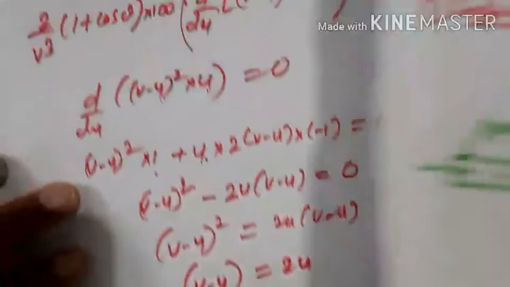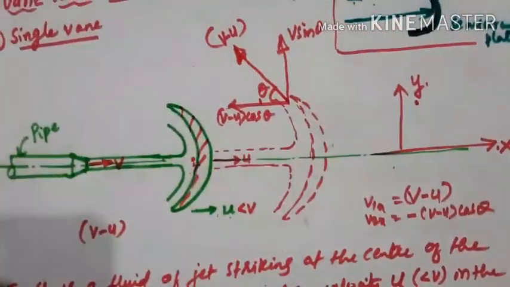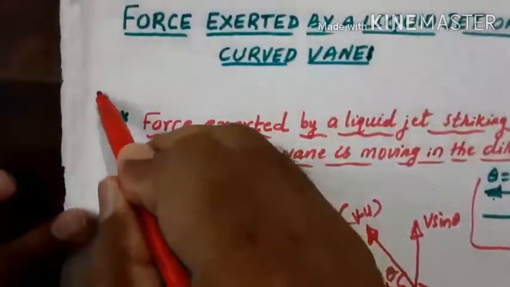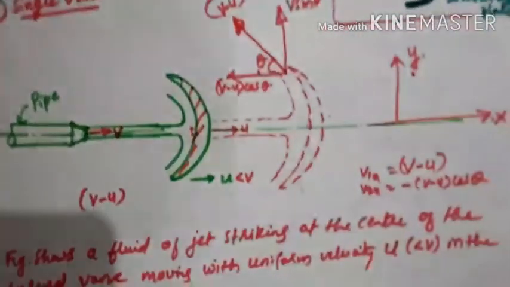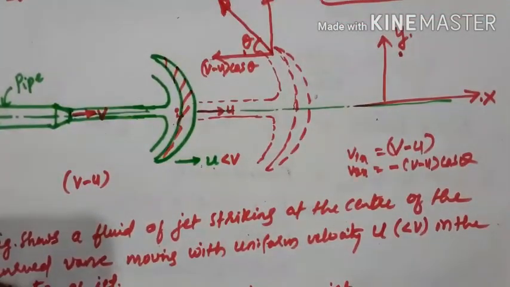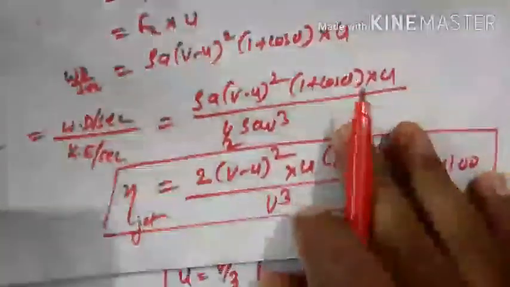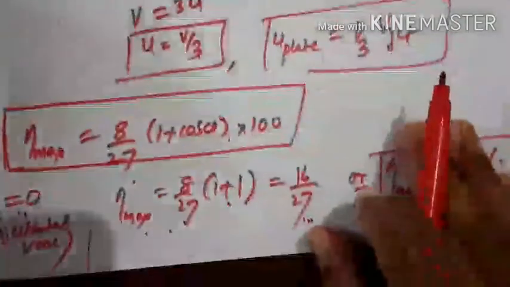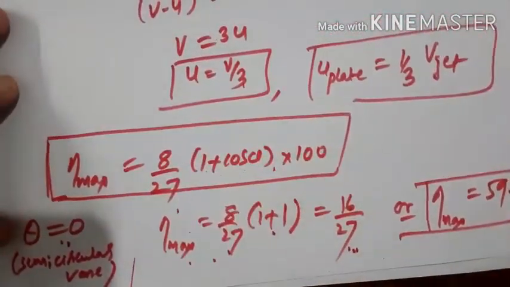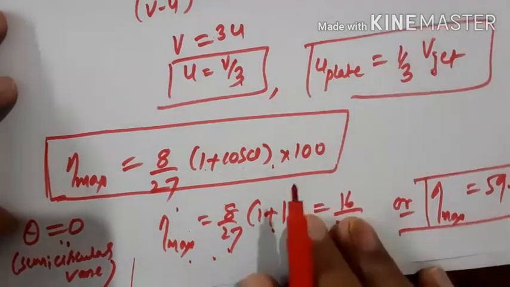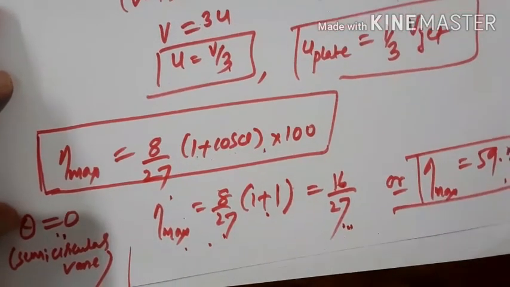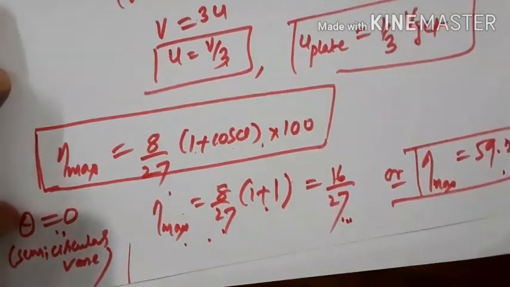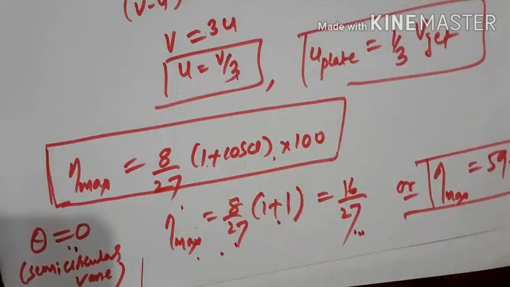Okay, this is the moving vane derivation. Very important. So I am creating here a very important derivation. Derive an expression for efficiency, that is, they'll be asking like this: 8 by 27 (1 plus cos theta) into 100. Many a times the question will be asked.